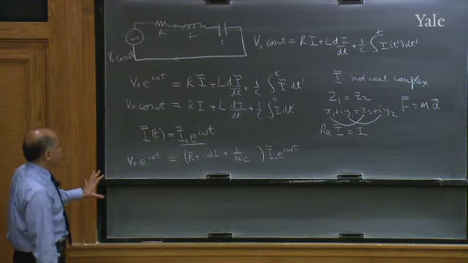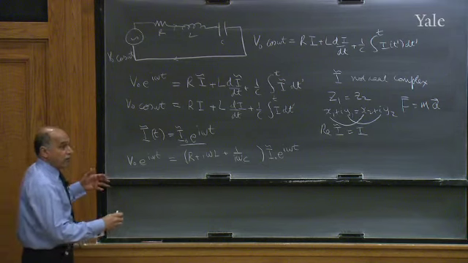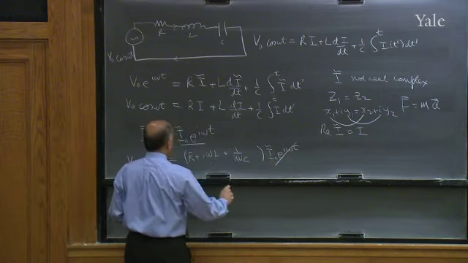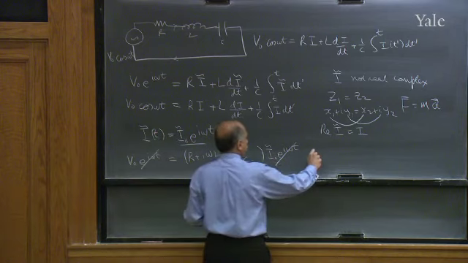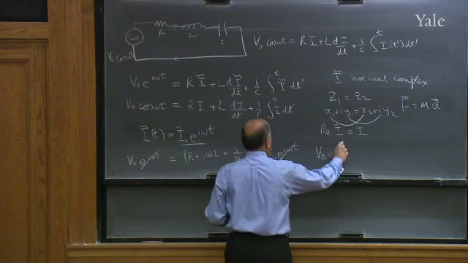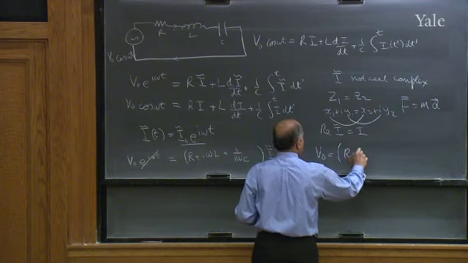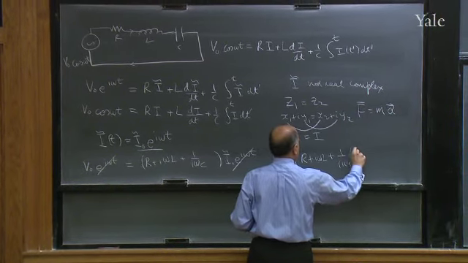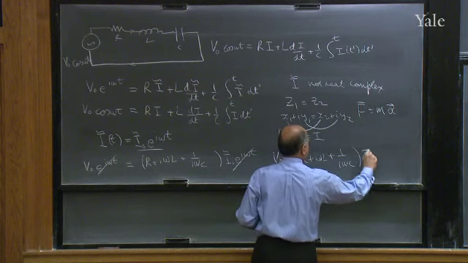So the time dependence, this is a time-dependent problem, but miraculously, the time dependence matches on the two sides. And now we get this equation, V0 equals R plus i omega L plus 1 over i omega C times I0 twiddle.